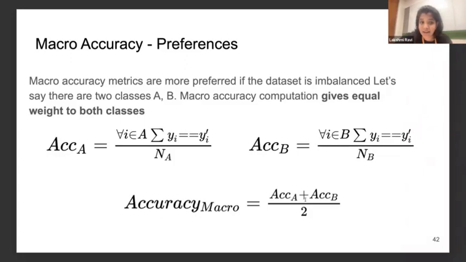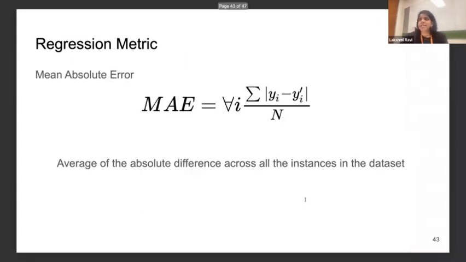But let's say there are 10 classes and only one of them is a dominant class, and you want to give all the 10 classes equal weight in your supervised learning problem. Then going for the macro and micro accuracy is the way to go, because it is a way of evaluating that all the classes will have equal weight. So let me take the individual accuracy count of each and every class.